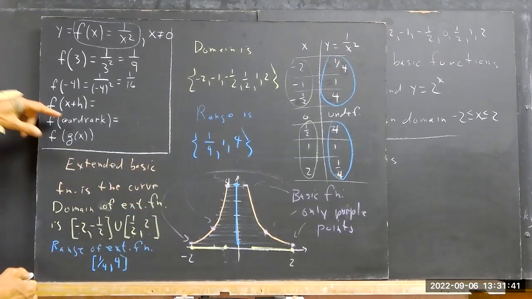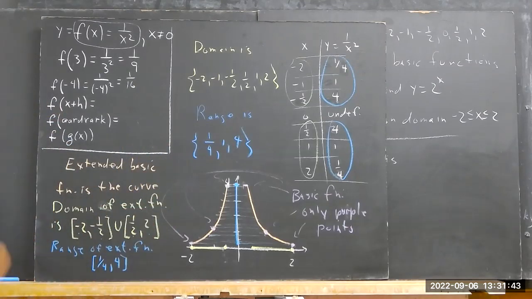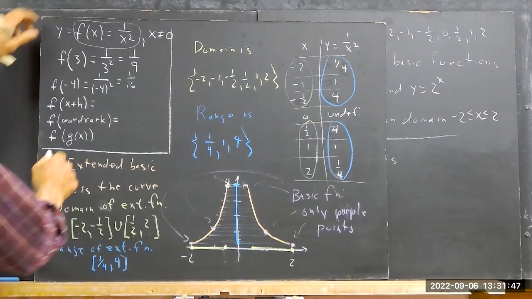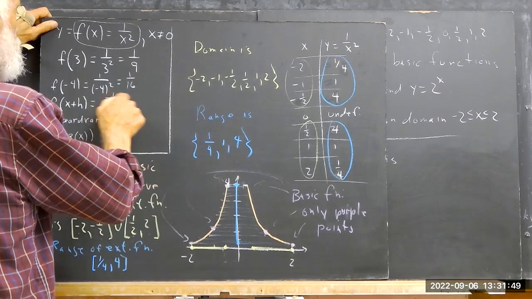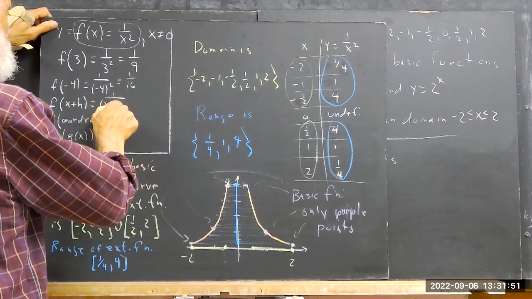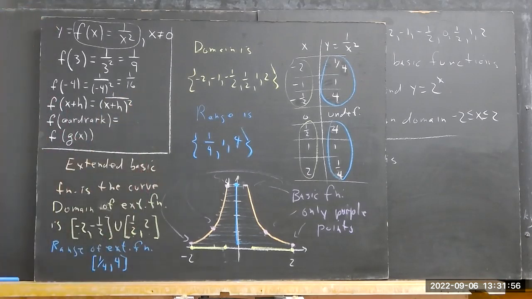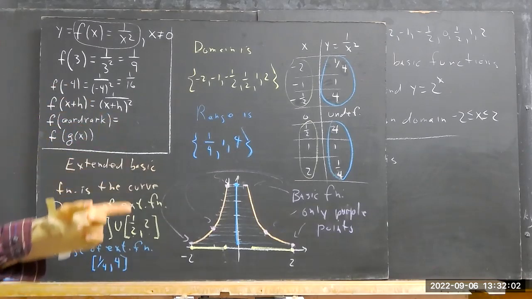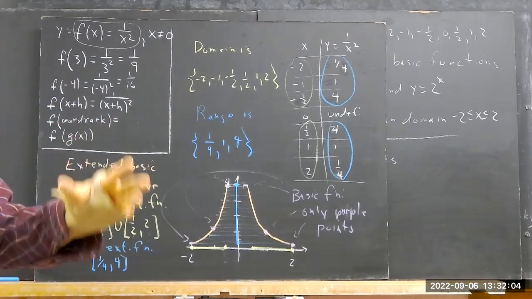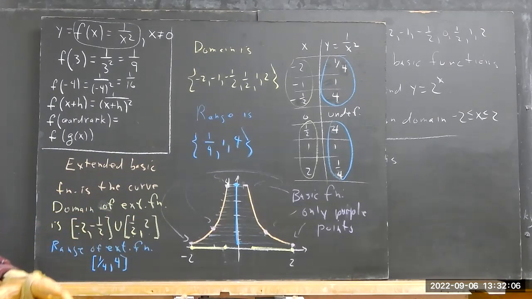Okay, f of x plus h. Well, now x has been replaced by x plus h, right? So this is going to be 1 over the square of x plus h. Now I see a lot of errors when I first give this in a typical class.